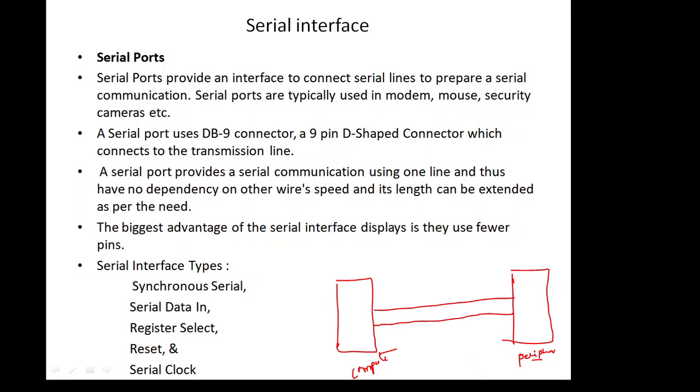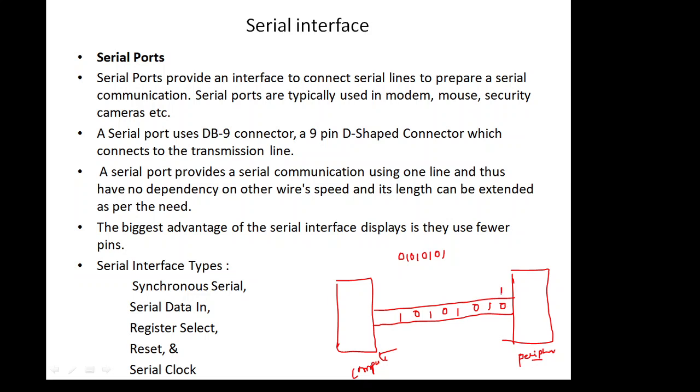This serial port provides an interface to connect serial lines to carry out serial communication. If you want to send data like 0, 1, 0, 1, 0, 1, 0, 1, 8 bits, first it will send 0, next 1, and so on.